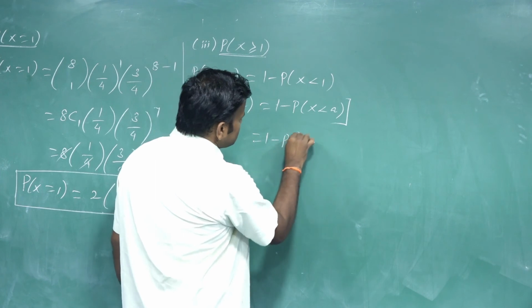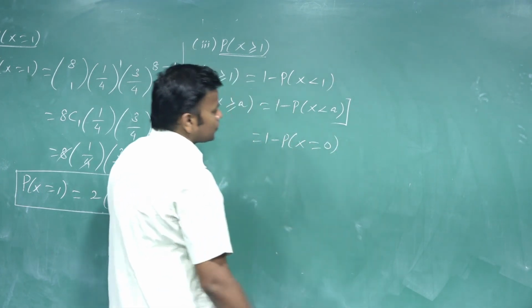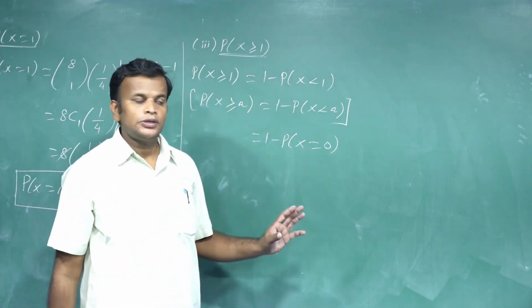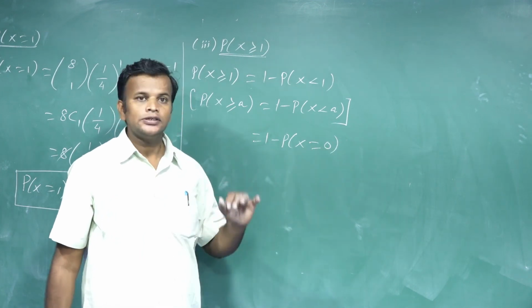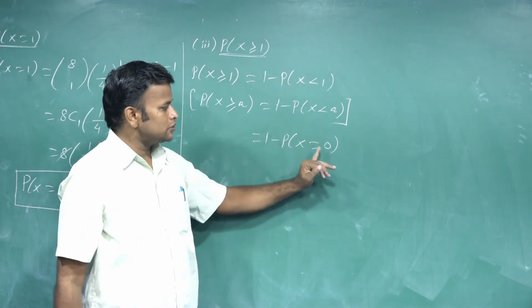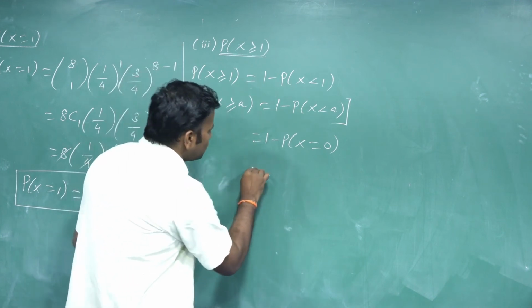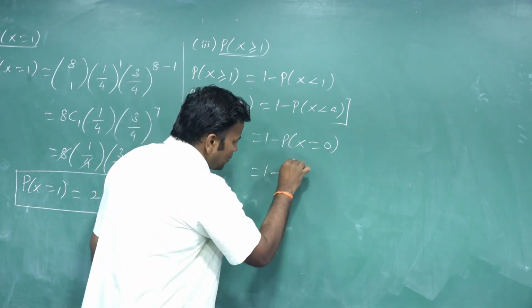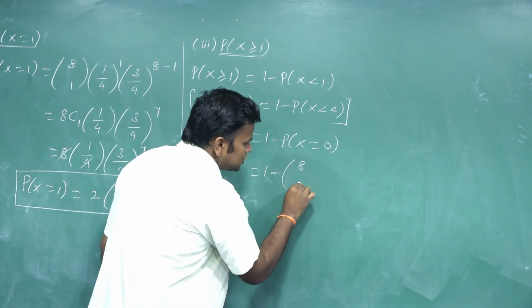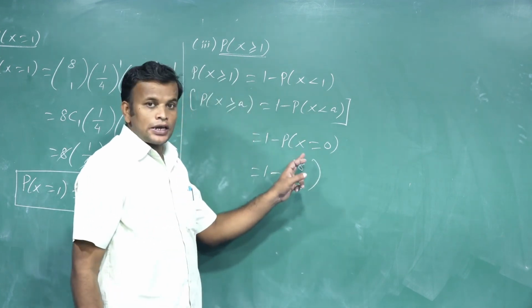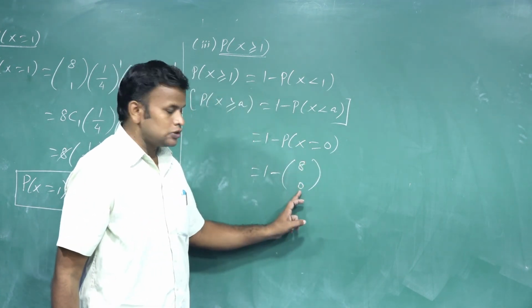So 1 minus P of X equal to 0 is the only possibility, because the value less than 1 is just 0. Here n is 8, and the value of X is exactly 0.